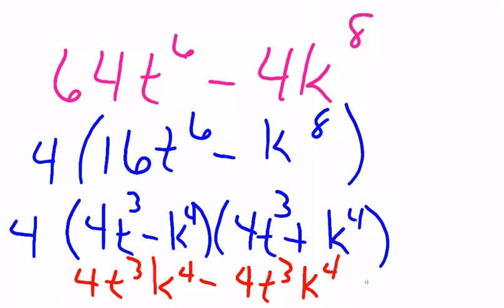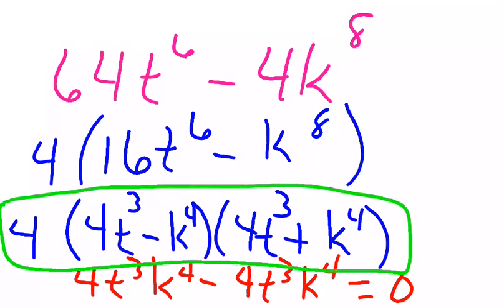Now if I subtract those, I get 0. So that is indeed what we are looking for. So our factoring of this is that right there: 4 times 4t cubed minus k to the 4th times 4t cubed plus k to the 4th.